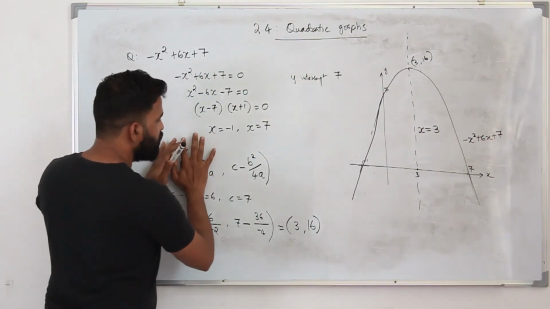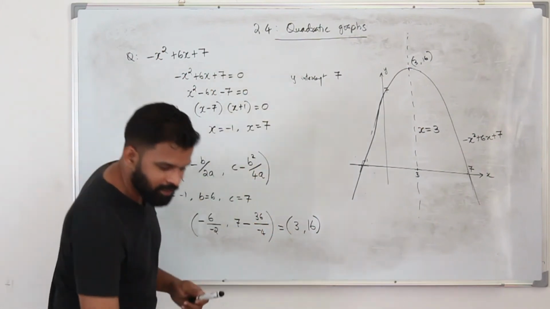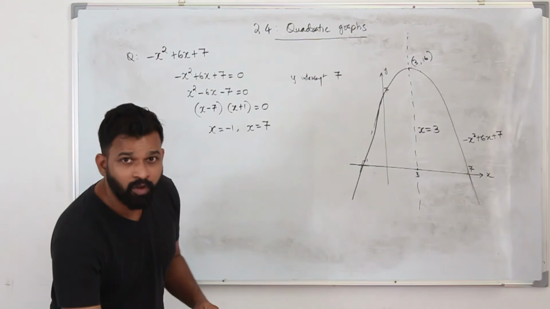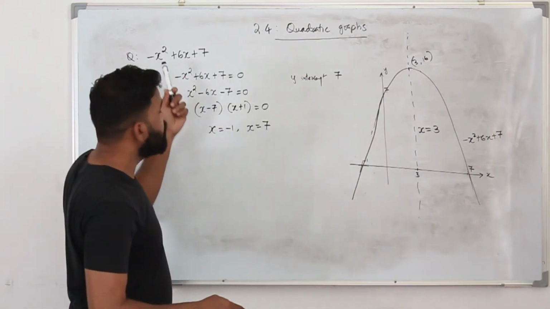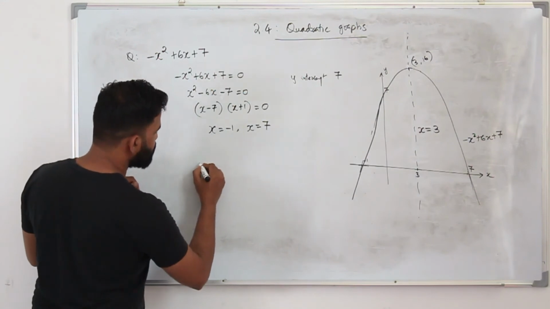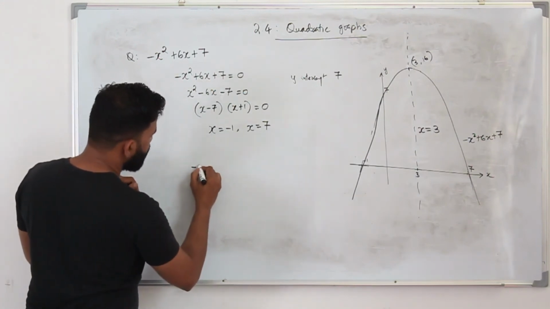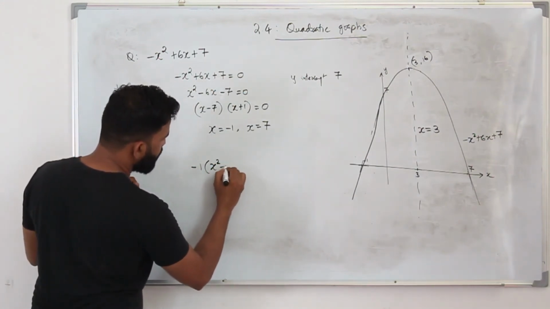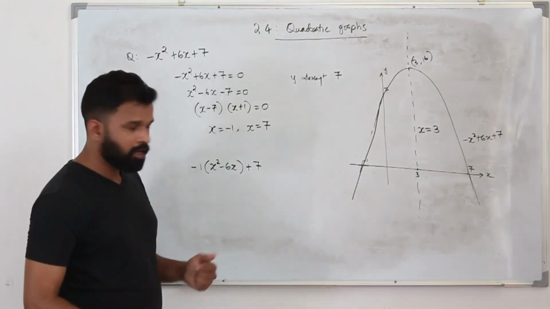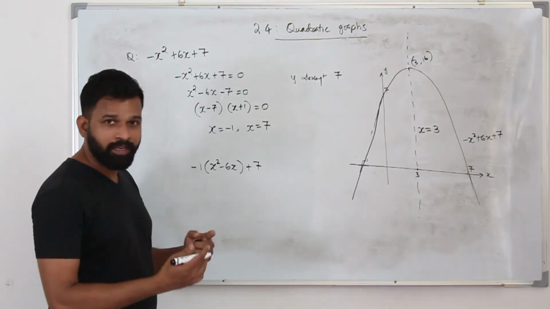Let's say you forgot this, suddenly you don't remember it. Okay, don't worry about it. Apply the completing the square method. Take minus 1 out, and you will have x squared minus 6x plus 7. Always take the minus out, it will be easier.